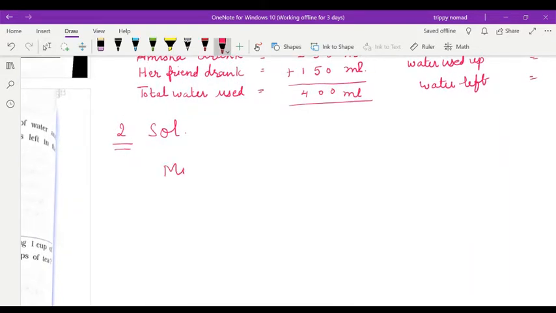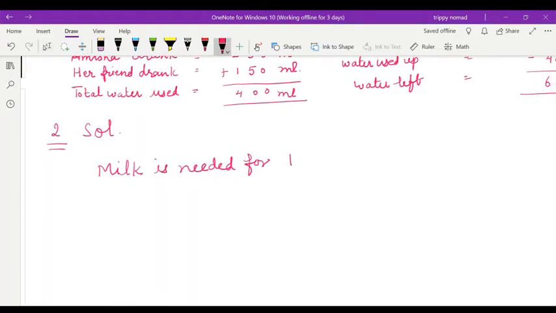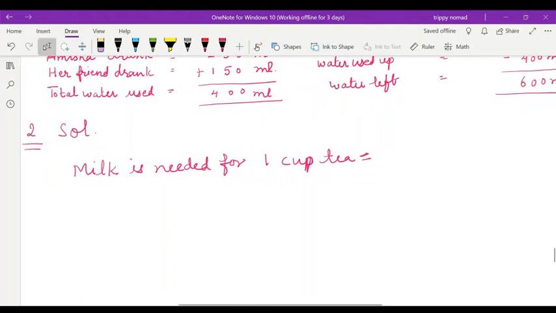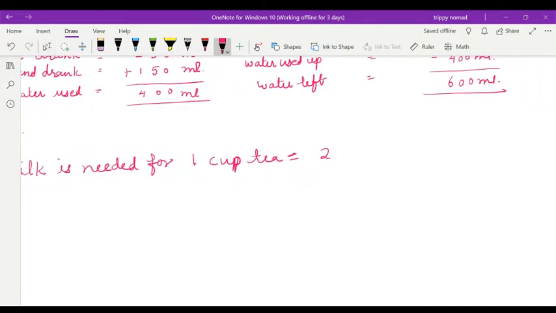Milk needed for 1 cup of tea is equal to 20 milliliter.